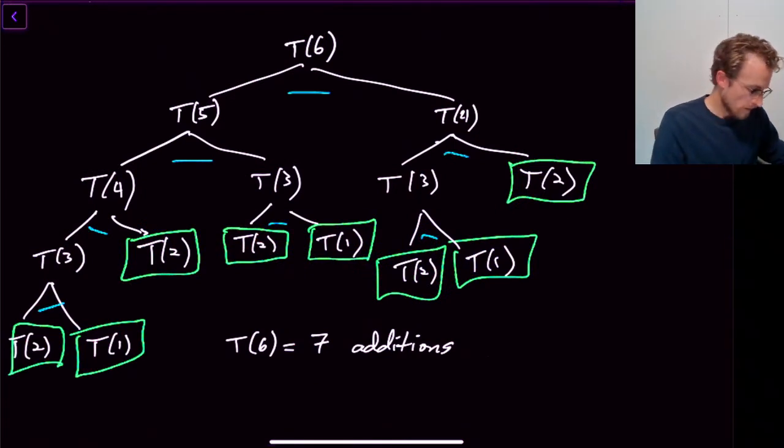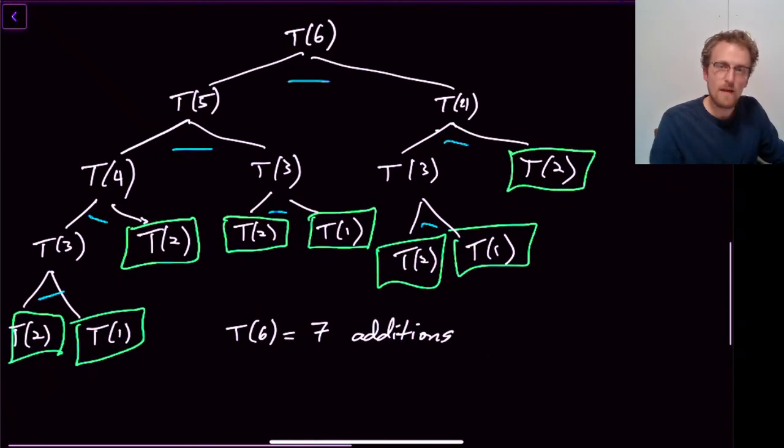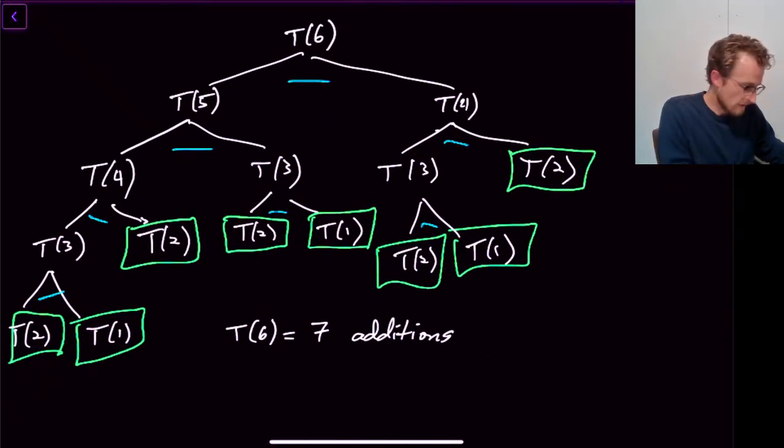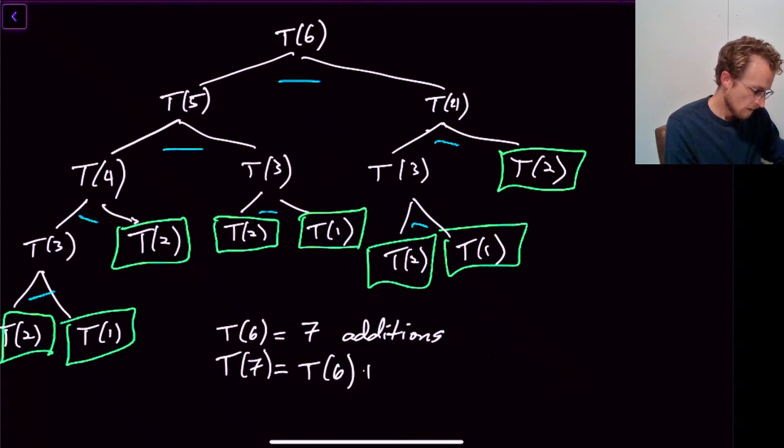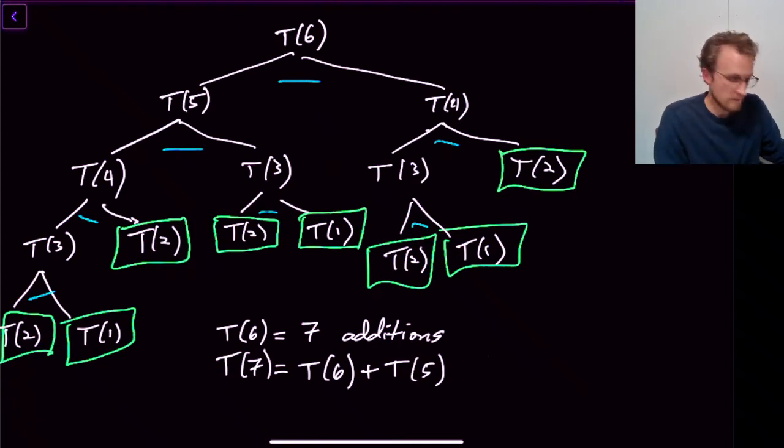Now what would T of 7 be? Let's think about what T of 7 would give us if I did that. Well, T of 7 would be equal to T of 6 plus T of 5. And I know T of 6. T of 6 is 7. I just computed it. And I actually know T of 5 also, right? T of 5 is, again, 1, 2, 3, 4. So T of 5 is 4.